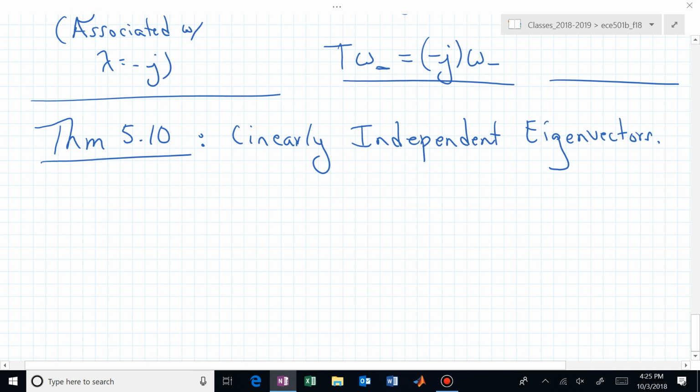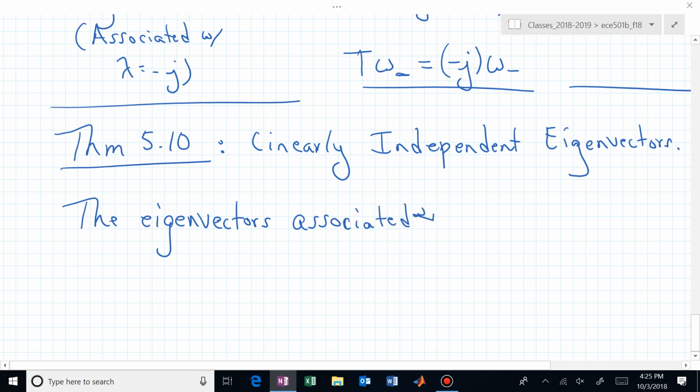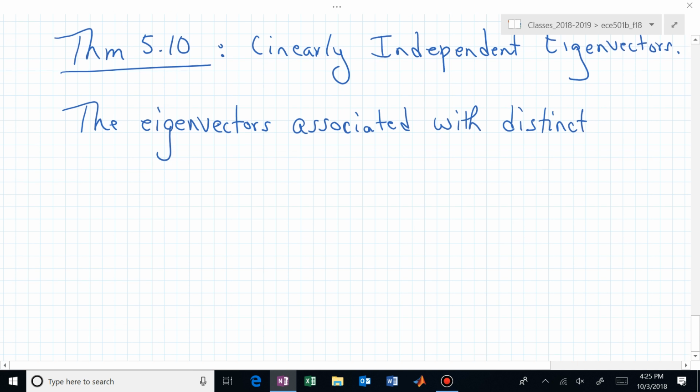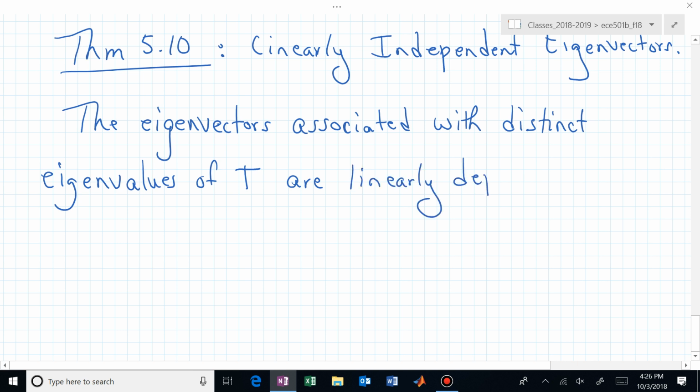And that says that the eigenvectors associated with distinct eigenvalues of the linear operator, those eigenvectors are linearly dependent.